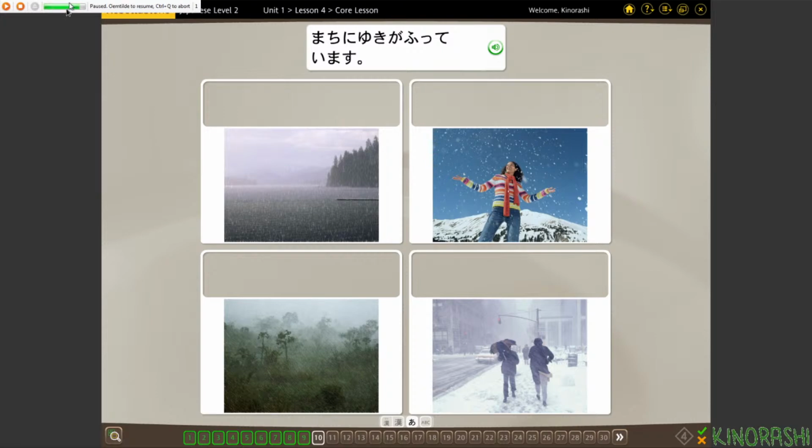Futte. To fall, as in of rain, snow, ash.